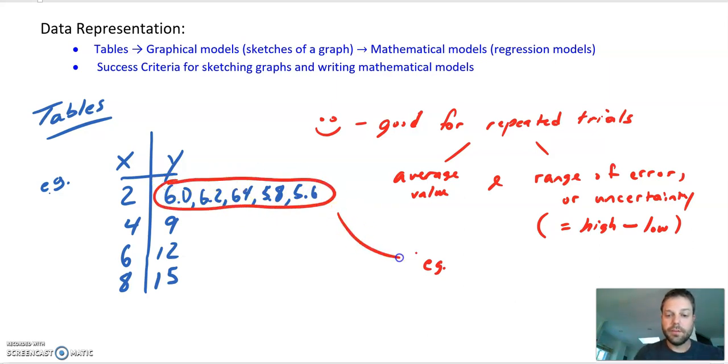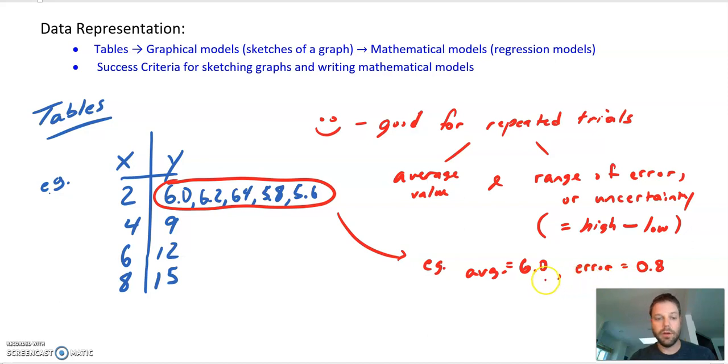And so what I would want to show is that the average value was 6, and the range of error, which I take as the highest minus the lowest: 5.6 was the lowest, 6.4 was the highest, for a difference of 0.8. So that is what we want to find important.